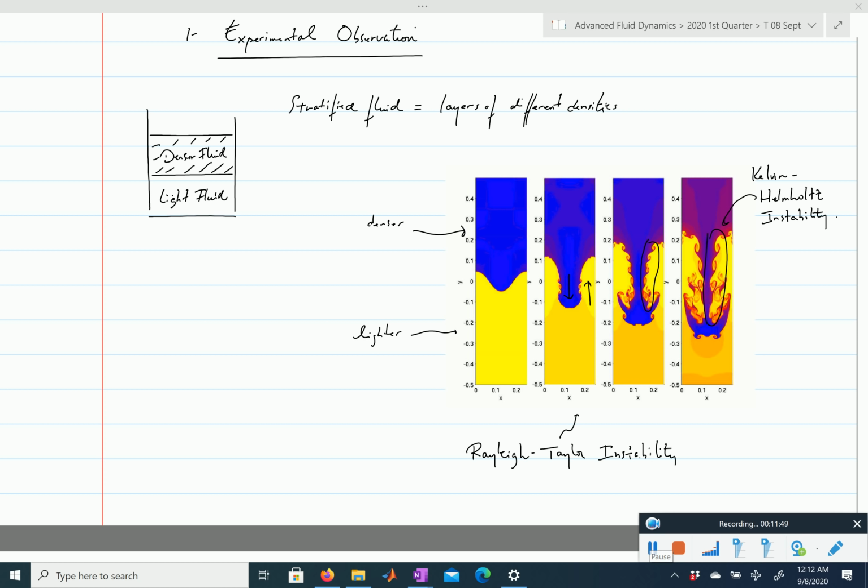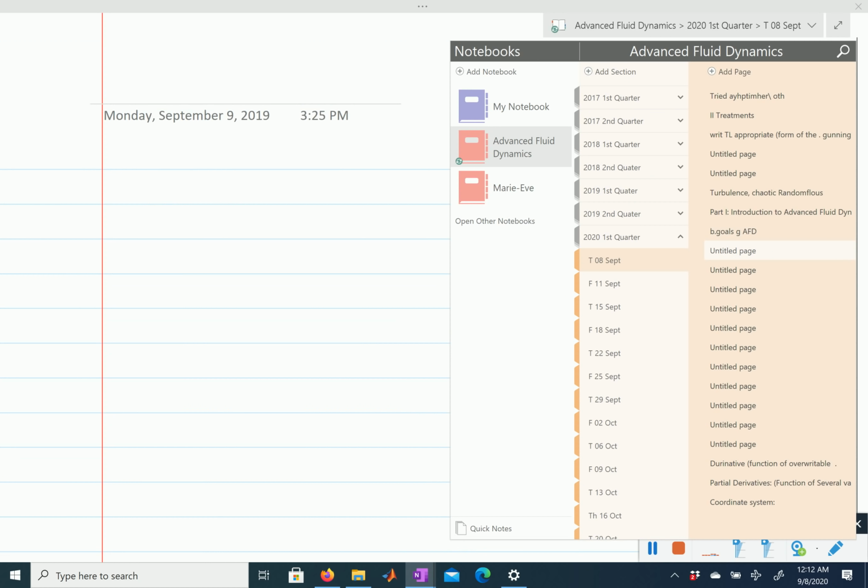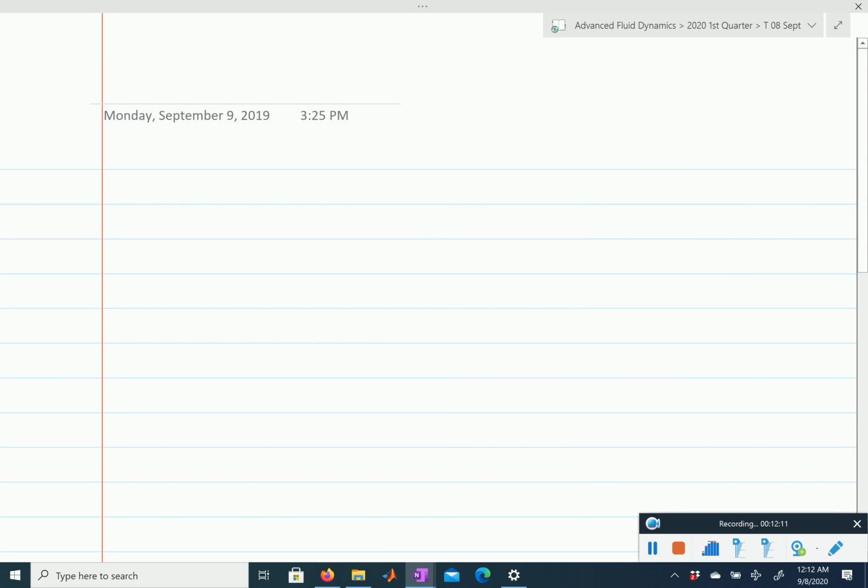We have our experiments, and the first thing that you would do is a scaling analysis. And before you start doing the scaling analysis, what one would do is try to identify what are the relevant physical phenomena in this particular problem. So what are the important physical ingredients?